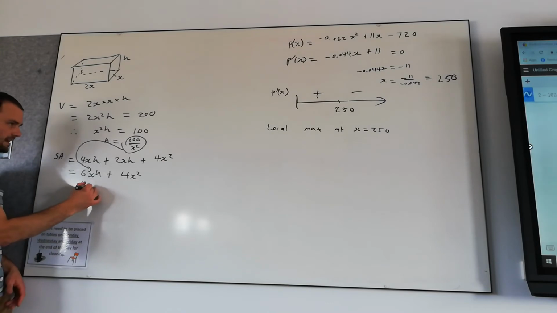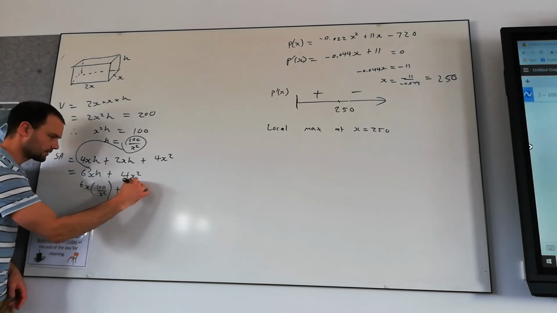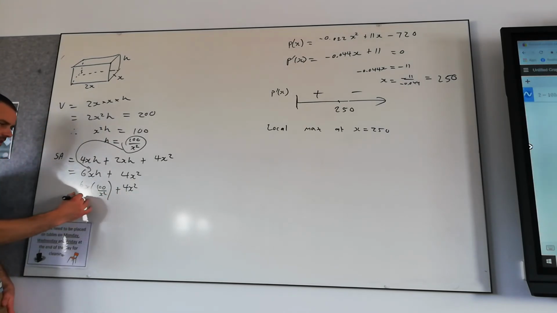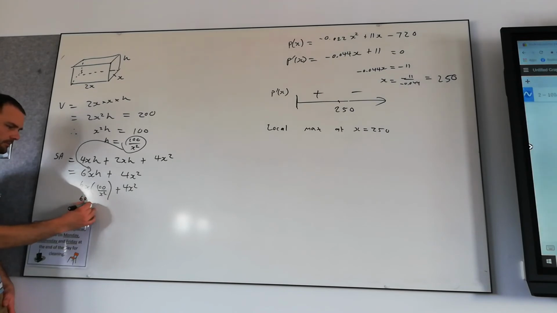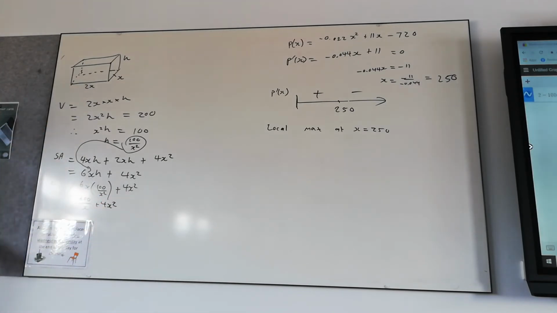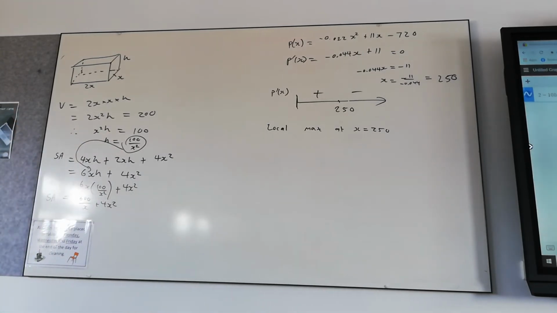So we've got 6x times 100 on x squared plus 4x squared. And so we'll get 600 on x plus 4x squared. 6 times 100, x at the top, x at the bottom will cancel, we're left with one lot of x. And that's our surface area equation. Four x squared plus 600 on x, excellent.